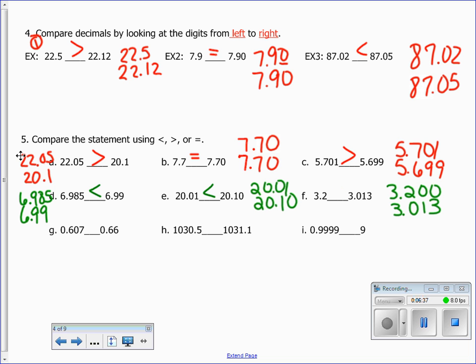2 is greater than the 0 here, greater than.